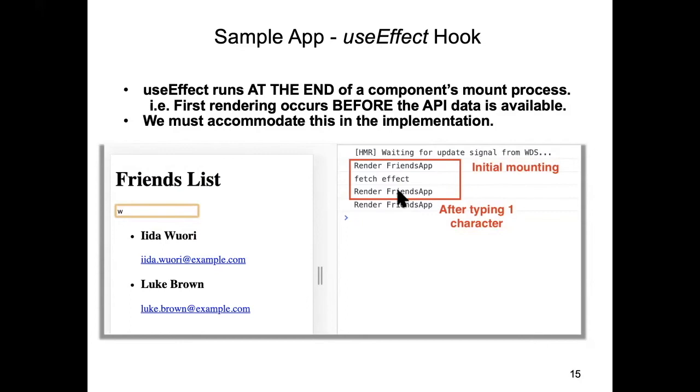Now, why does this happen? This one happens because we know that inside the callback for the useEffect, it makes an API call. Eventually that responds back with my full list of friends. And we saw in the code that I assign that full list of friends to one of my state variables. And of course, when we change a state variable, a component re-renders. And that's why we get this console.log occurring.